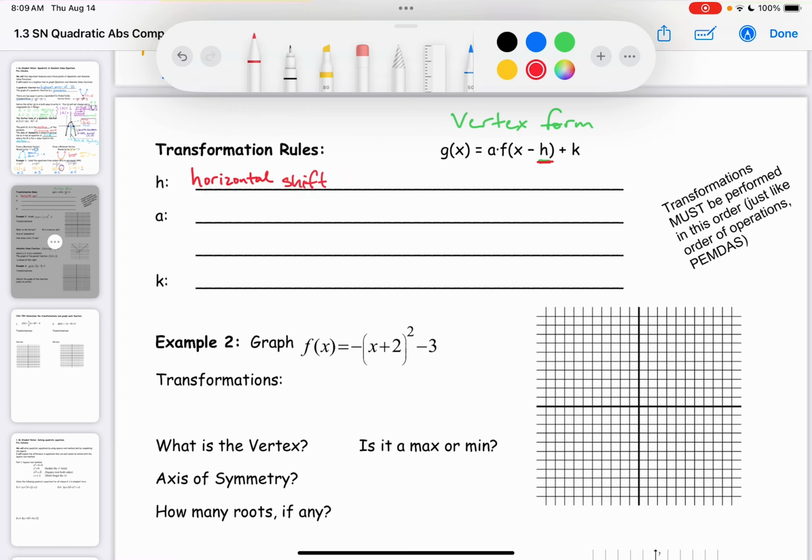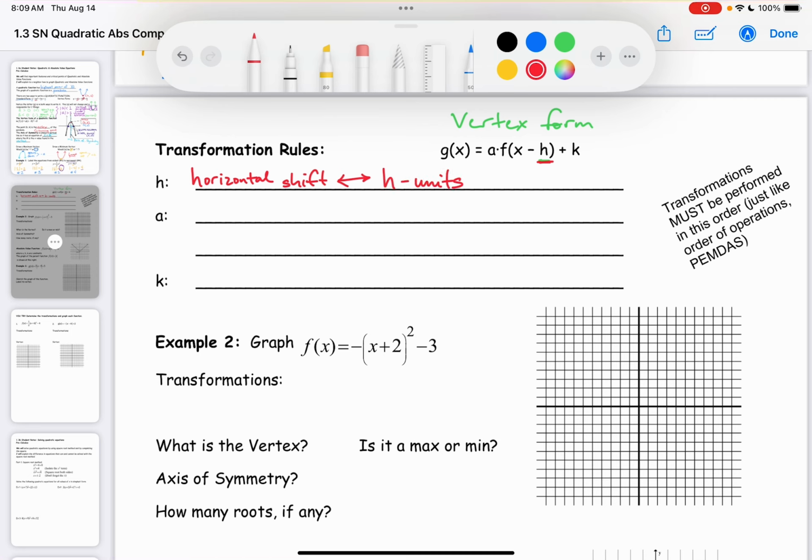This is going to move your graph left or right, by the H number of units. So if H is 2, it's going to move it 2. If it's 7, it's going to move it 7.